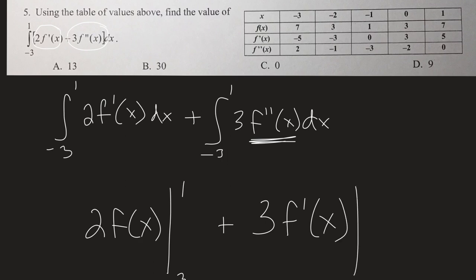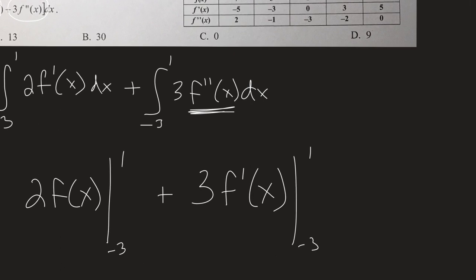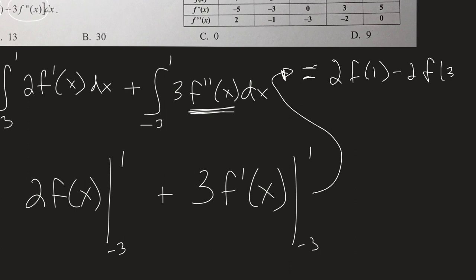And I'm going to evaluate that from -3 to 1 also. Okay, so I'm going to do this up here because I'm going to need my values. So this is 2 times f of 1 minus 2 times f of -3. Okay, so that's how you evaluate it from -3 to 1.